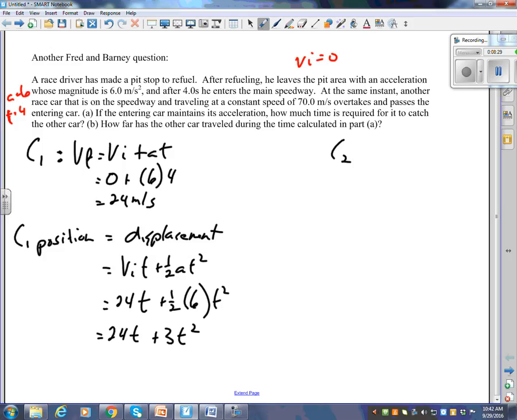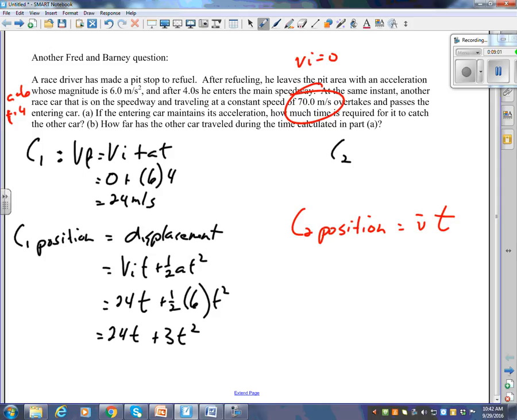Okay? We have to do the same thing for car 2. Okay, what's car 2 doing, Brady? Accelerating or traveling at a constant velocity? Constant. Constant what? Yeah, constant 70, right? Okay, so C2 position is equal to velocity multiplied by time. Why do I use that one?